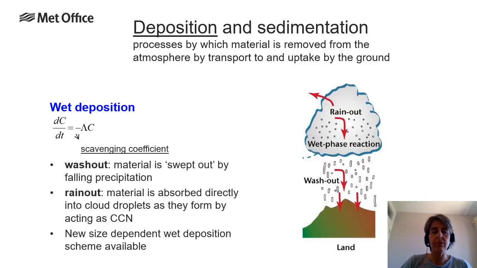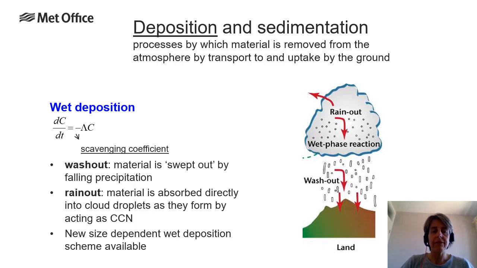For wet deposition, we also use a simple loss equation. Here the constant of proportionality is known as the scavenging coefficient. There are two parts to wet deposition: below cloud scavenging or washout, in which material is swept out by falling precipitation elements, or in cloud scavenging or rainout, where material is absorbed directly into cloud droplets or ice nuclei as they form.